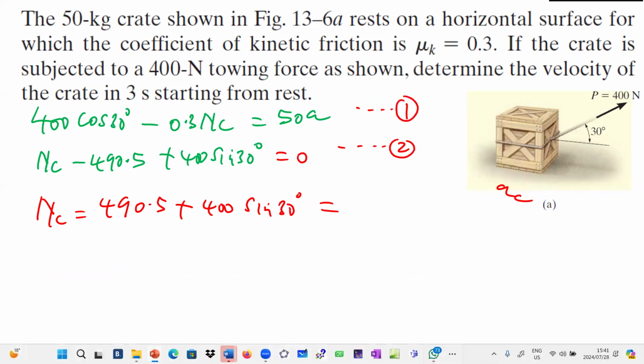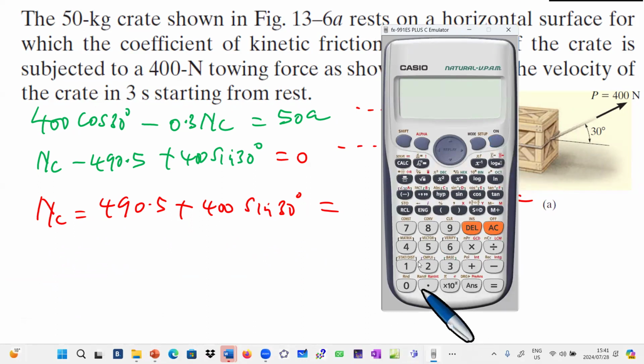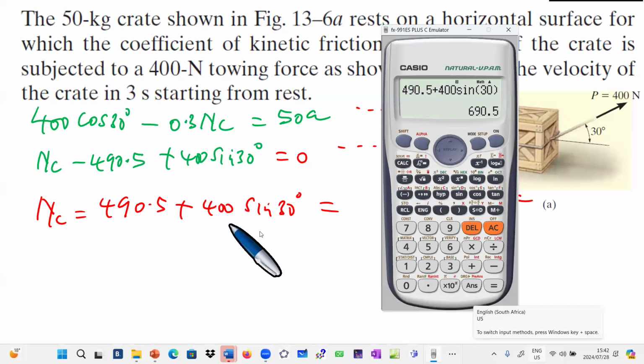So 490.5, we add 400, and then we multiply by the sine of 30, and then you close like this. What is the answer? It's 690.5.